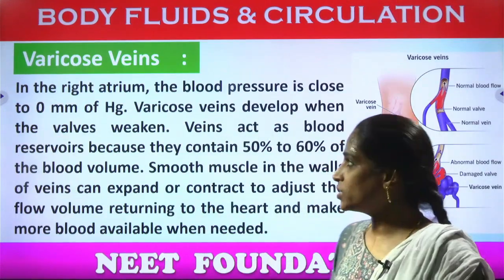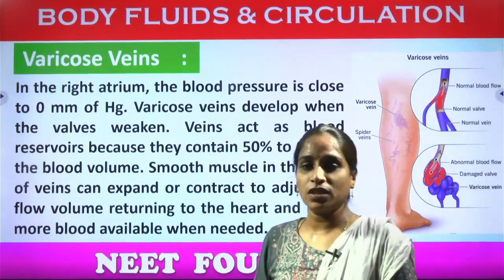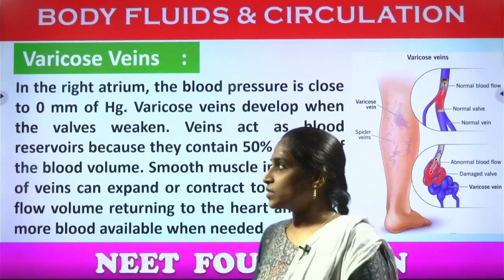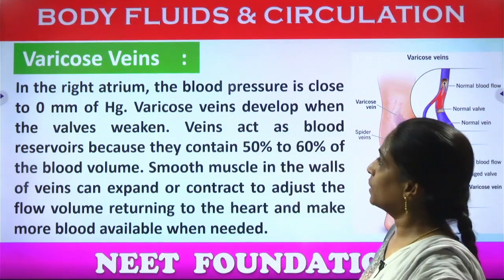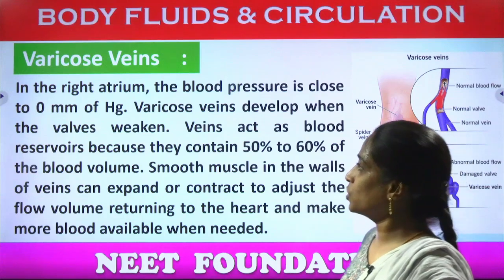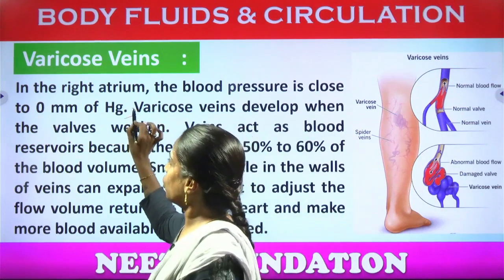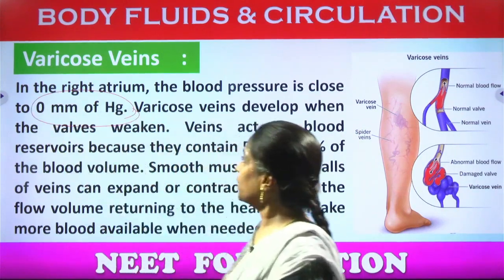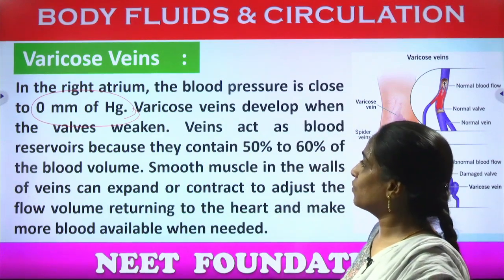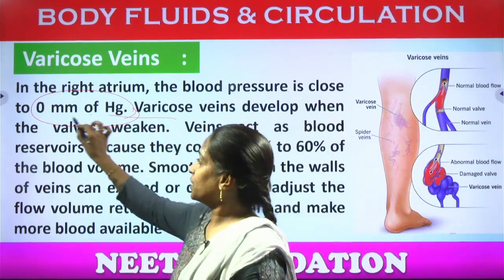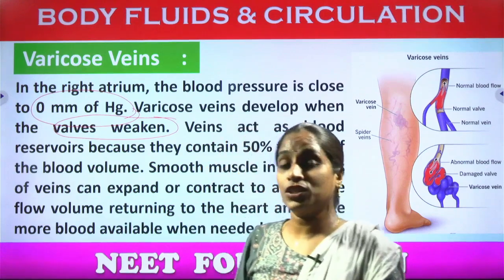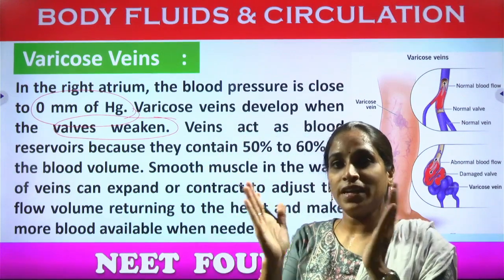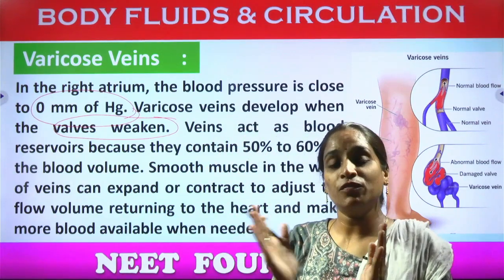Coming to the next concept, the varicose veins, nothing but the infected veins, right? In the right atrium, the blood pressure is close to 0 mm of Hg, right? Varicose veins develop when the valves are weakened. Okay, what is the major function of the valve? Opening and closing. When do they open and when do they close?